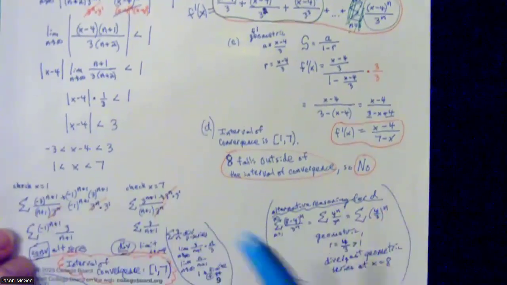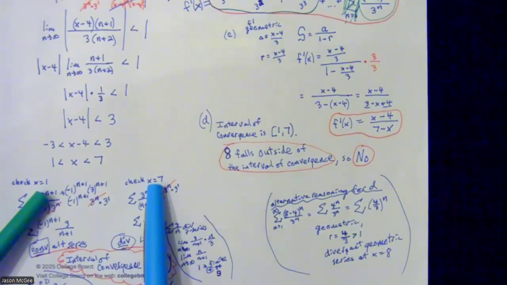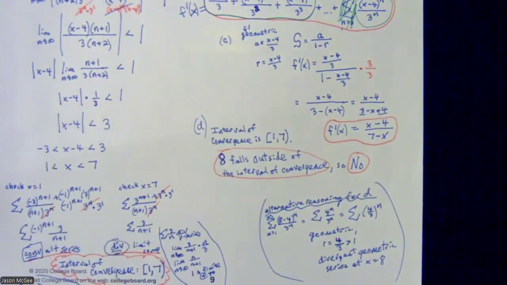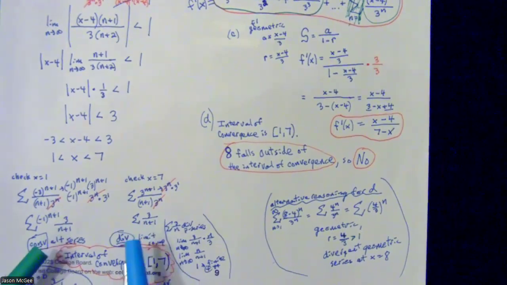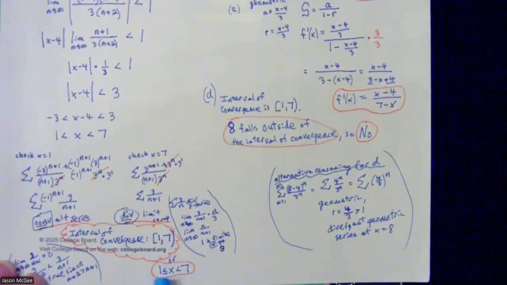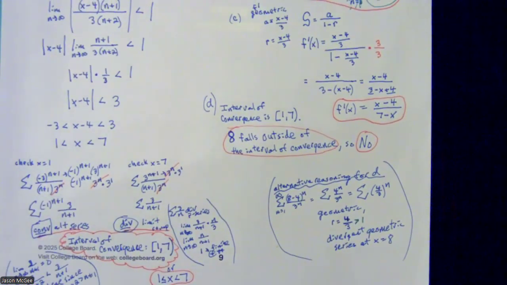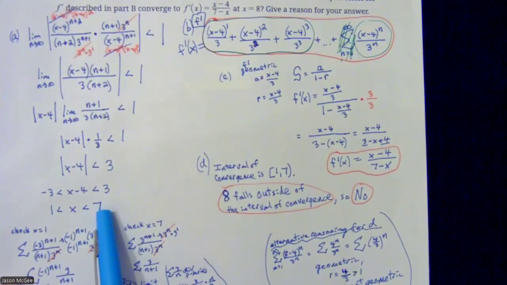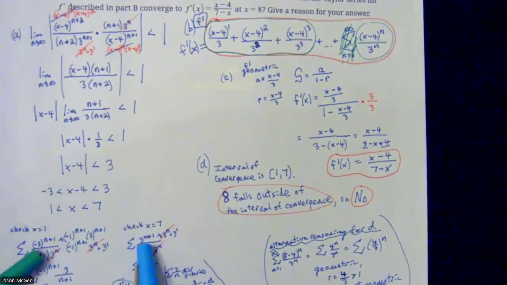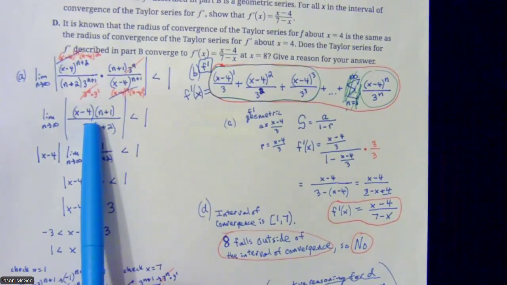And then they had on the rubric, if you're at least addressing both of the endpoints, trying to check both of the endpoints, that gives you another point. So you got 4 out of the 5. And then if you get them correctly and justify that, and getting the brackets in the open part, like converge or diverge for the endpoints, then you'll get 5 out of the 5 right there. But you can get 3 out of the 5 just with this. And if you're trying to do the endpoints, you'll get another point for that. So we could practice this. We're going to be good at that.